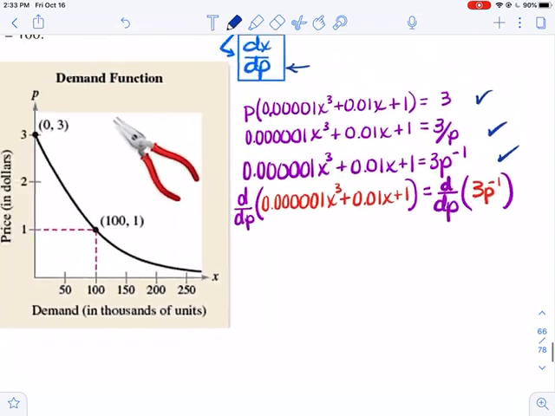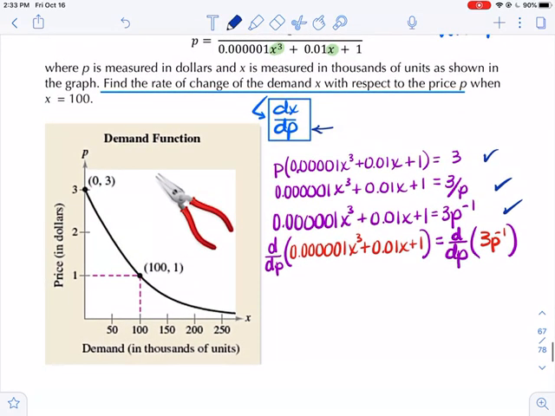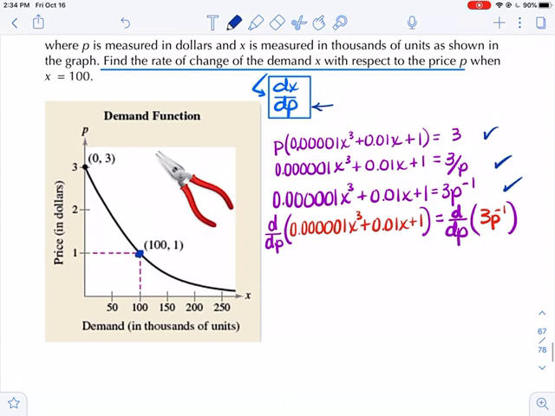If you're looking at the graph, here's the point where we want the rate of change of the demand function, but we want dx/dp, so it's a little bit reversed from what you would see from dp/dx.